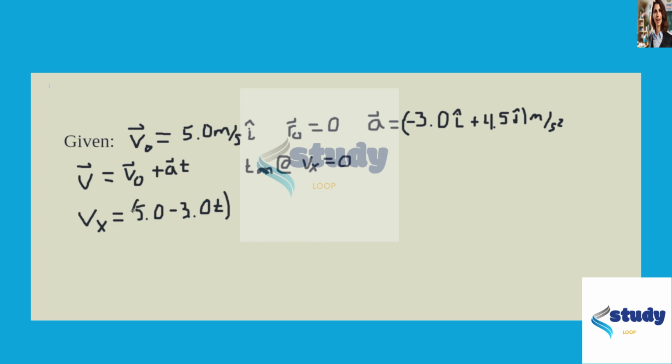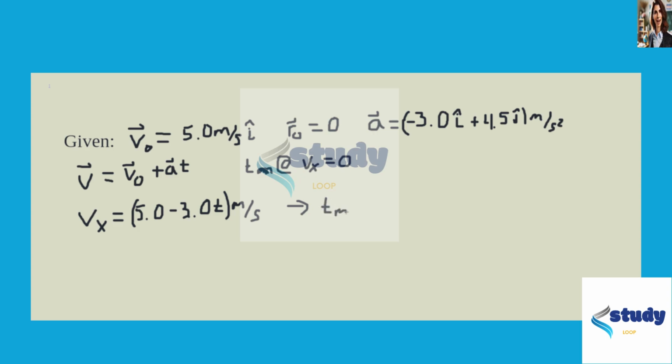And these are all in meters per second. Well, when v of x is max, that's equal to 0, and this is t max. So we can solve for t and calculate t max.